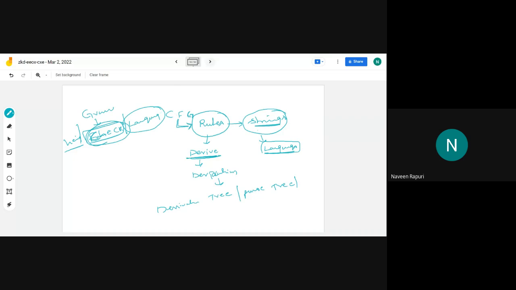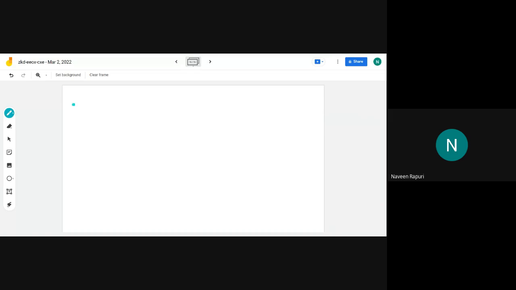Next, take one more grammar. S derives T D semicolon. T derives int or float.